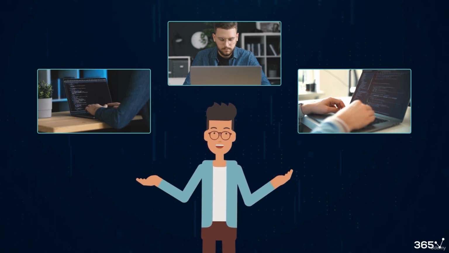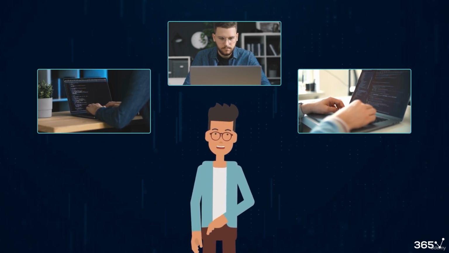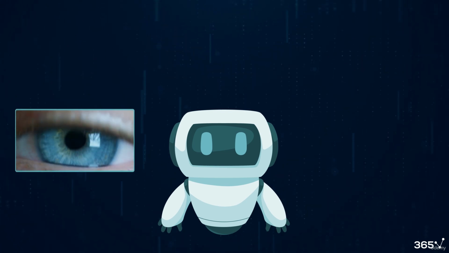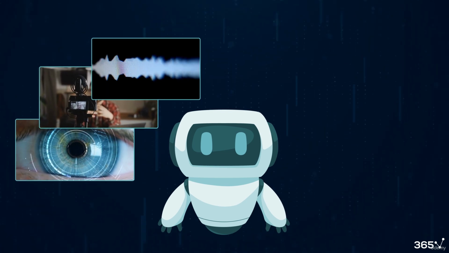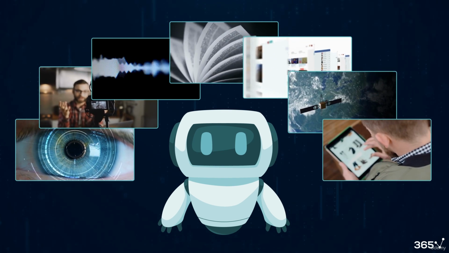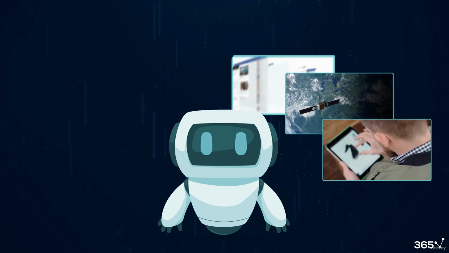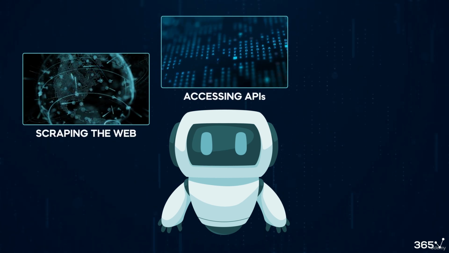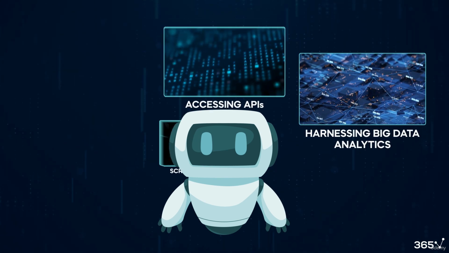AI researchers aspire to provide machines with such capabilities, utilizing tools that collect data through sensors, video, audio, texts, social media, satellite images, and internet browsing patterns. They gather information by scraping the web, accessing APIs, and harnessing big data analytics.